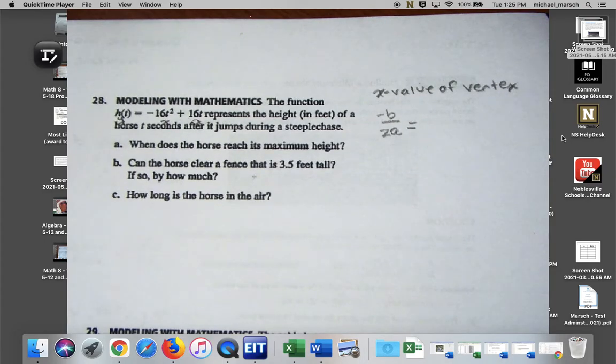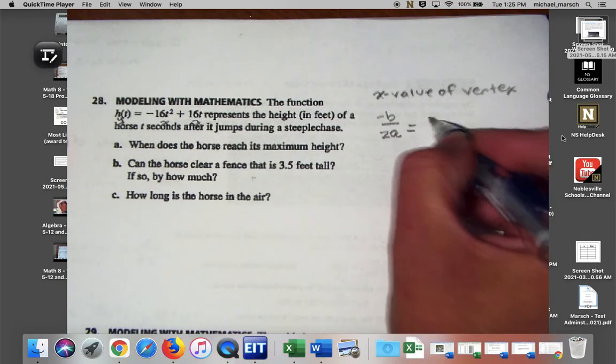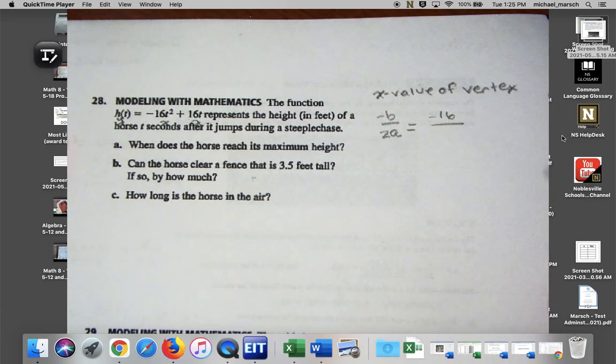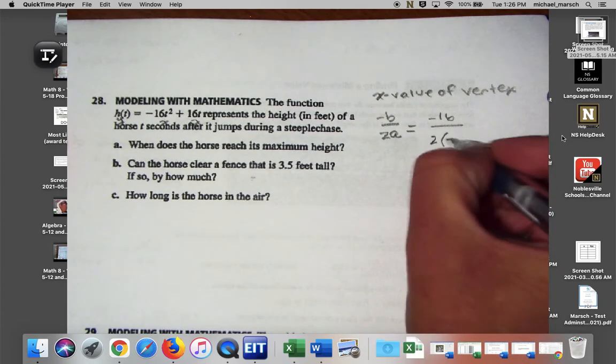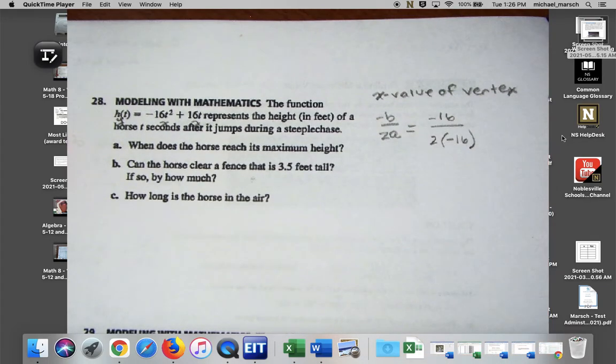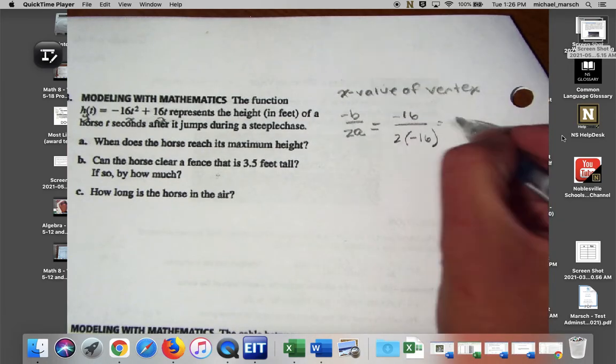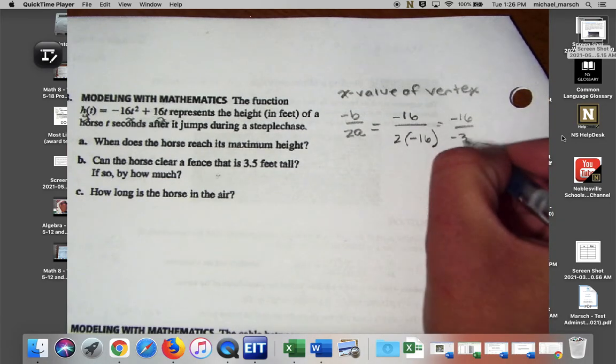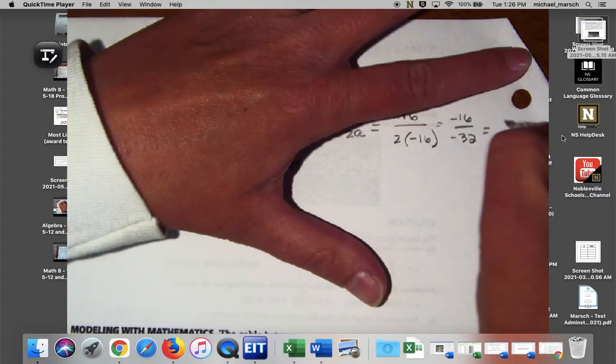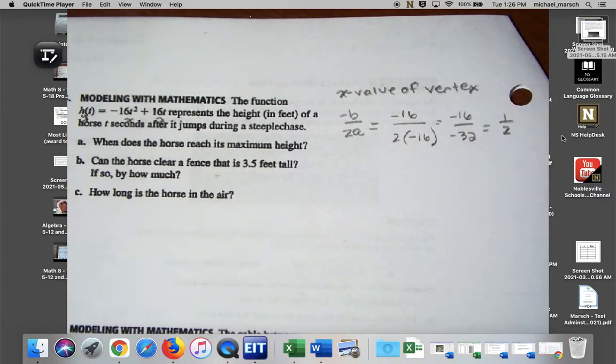So what's my b value? It's 16, so the opposite of b is negative 16. And then my a is negative 16. So then I end up with negative 16 over negative 32, which simplifies to 1/2.